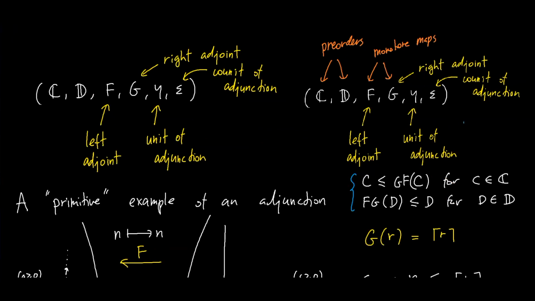of the fact that C is less or equal to G of D, that being equivalent to F of C being less or equal to D. So this single equivalence, even without requiring F and G to be monotone, turns out to force F and G to be monotone and also force these inequalities.